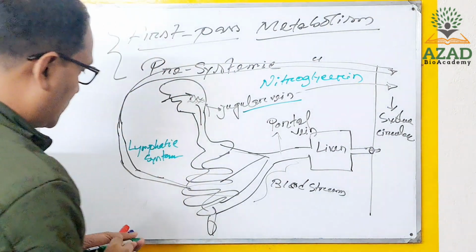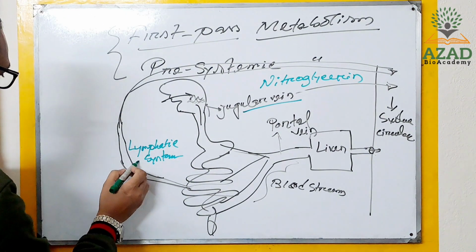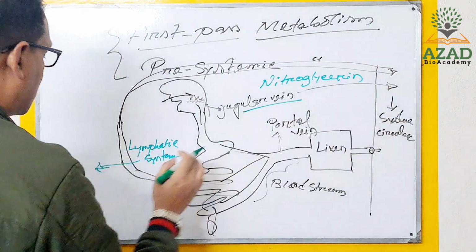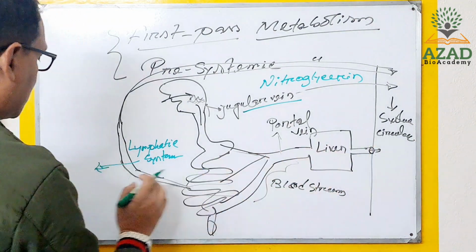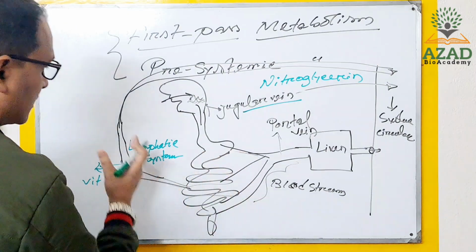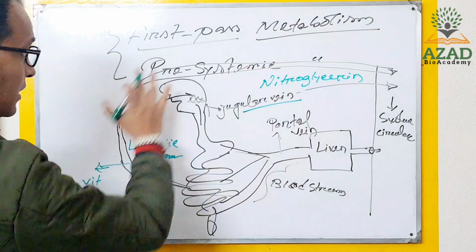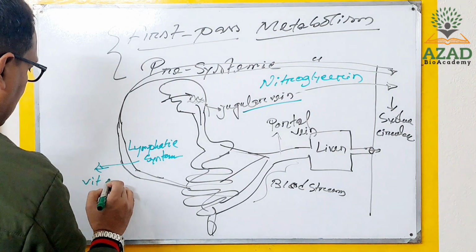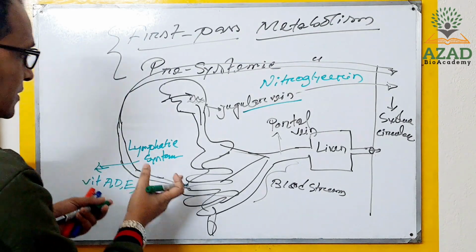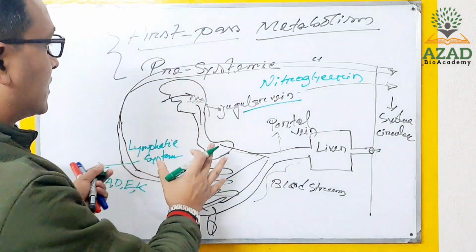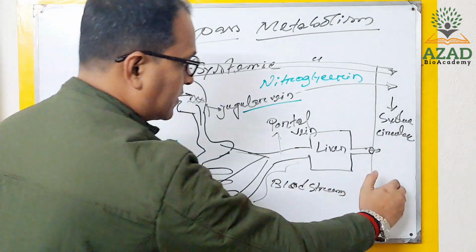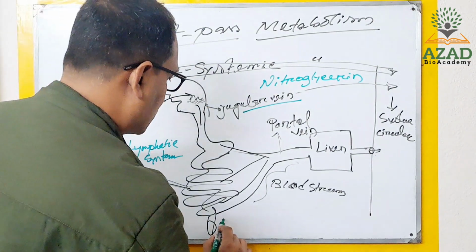And for the lymphatic system, the drug can basically be absorbed directly to the systemic circulation by bypassing the liver. That is vitamins or fat soluble vitamins. You can say lipophilic substances can follow this pathway. Okay, so vitamins A, D, E, K, these vitamins and some cyclosporin, different drugs can enter directly. And some drugs can go to the systemic circulation through the peritoneal cavity.